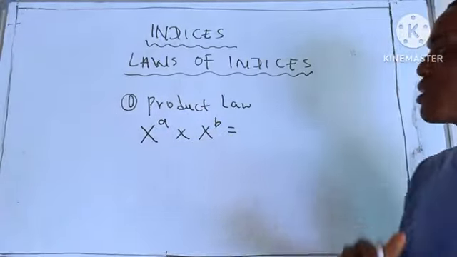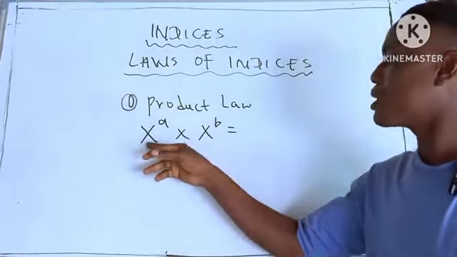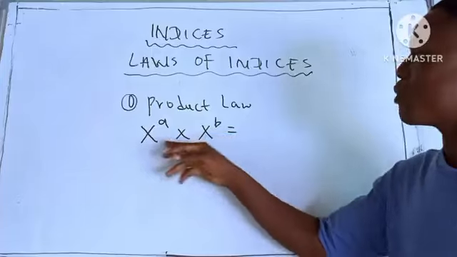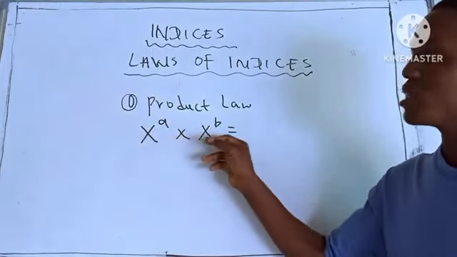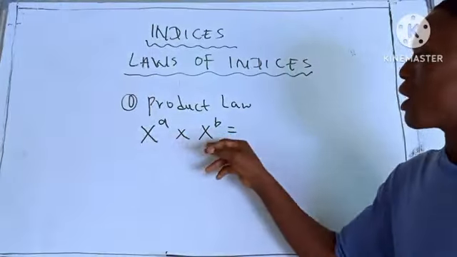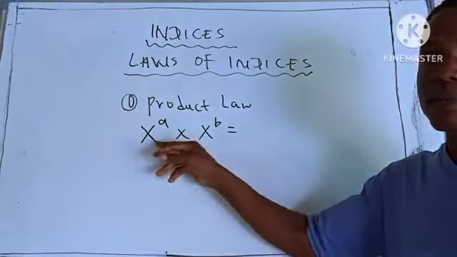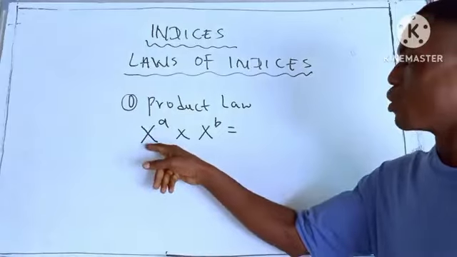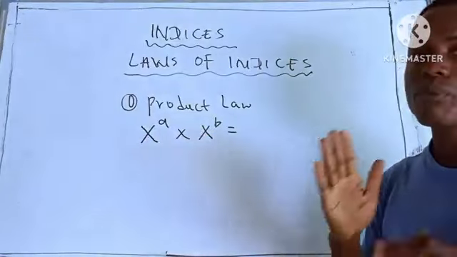Now we have x raised to power a multiplied by x raised to power b. Now the law states that if the two base numbers are the same, or the two alphabets, these down ones are called the bases. We have two here. One is called base, the two are called bases.